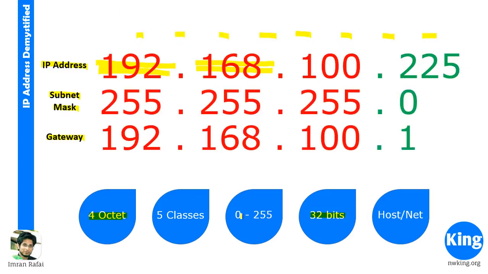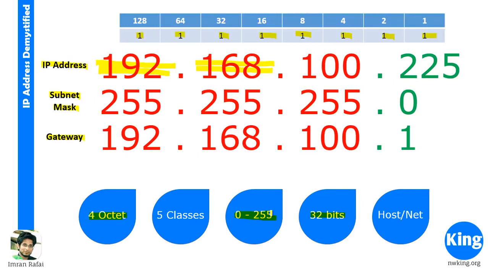Alright, next it says an IP address can take numbers from 0 to 255. So you might ask, where does that 255 come from? Well, if you look at the table again, if all the bits in the octet are 0, the decimal number is 0.